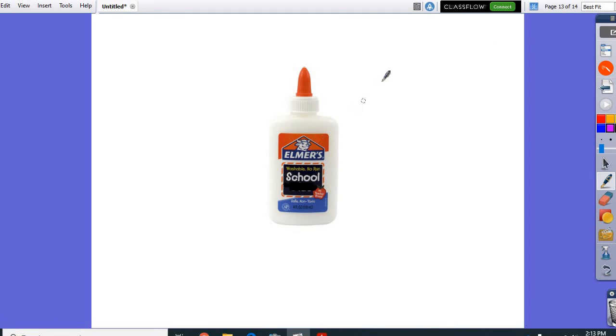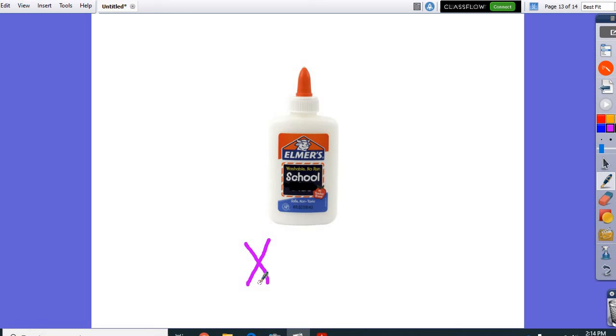And then what about glue? How many phonemes do you think glue has? If you said 3, you're actually wrong this time. That's a little tricky. But I think that the word glue only has 2. Because when I say glue, the G and the L make one sound all together.